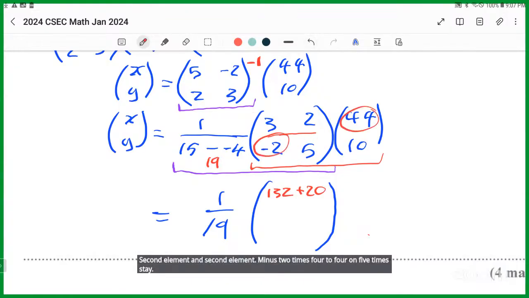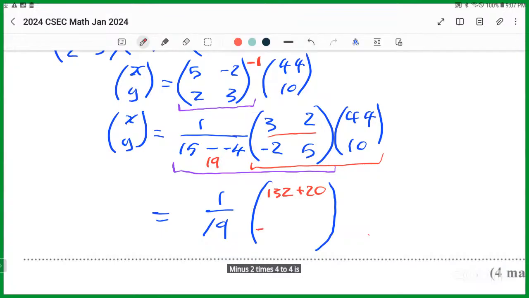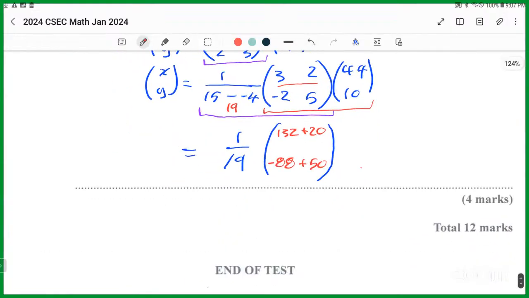Minus 2 times 44 is negative 88. 5 times 10 is 50. This reduces to 1 over 19 into, what does it work out to? 152. And this works out to negative 38.